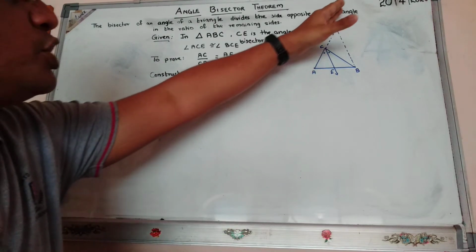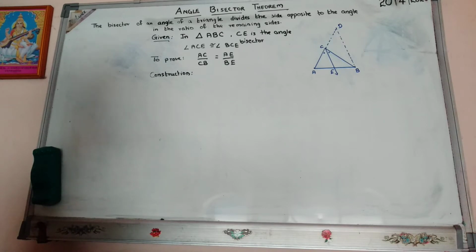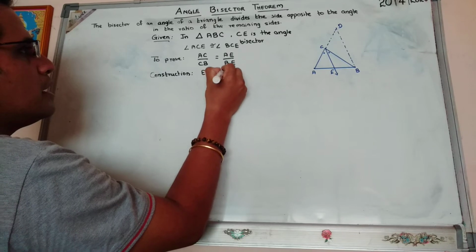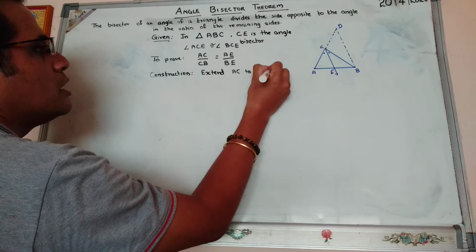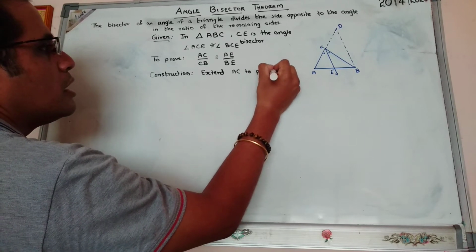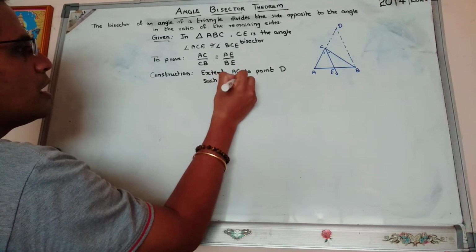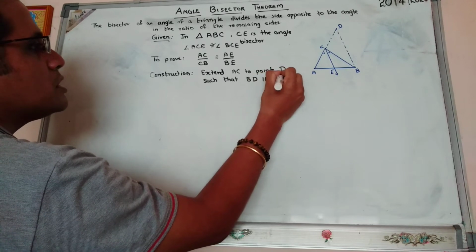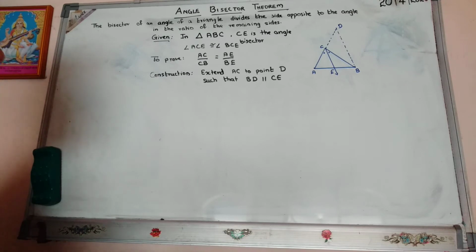We extend AC to point D such that BD is parallel to CE. Okay, this is the construction.